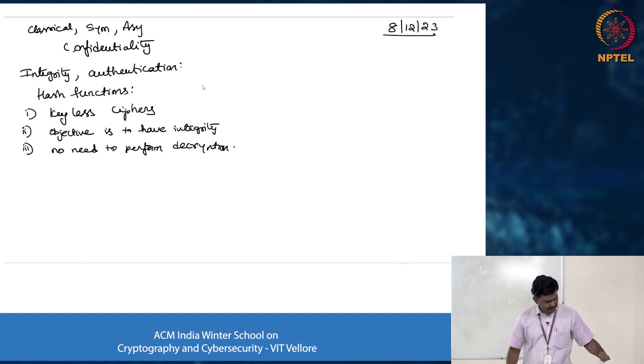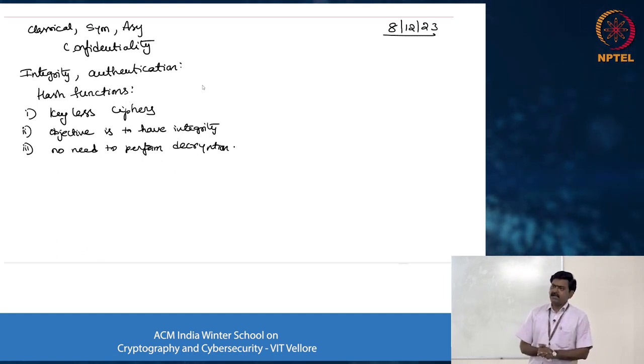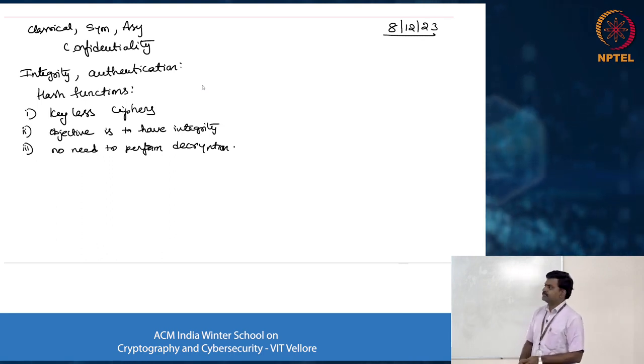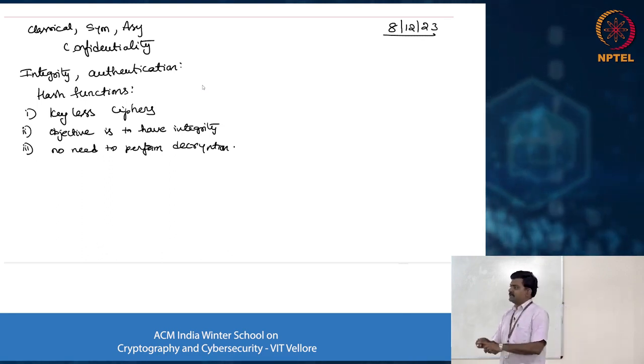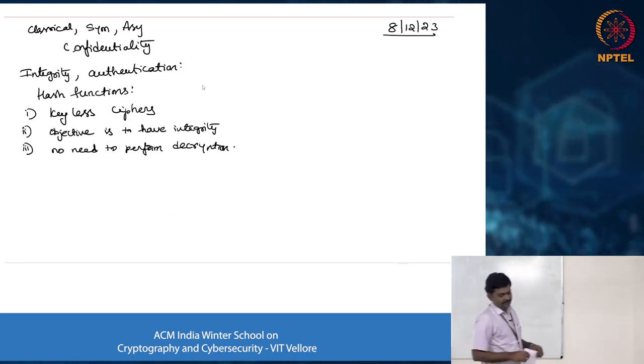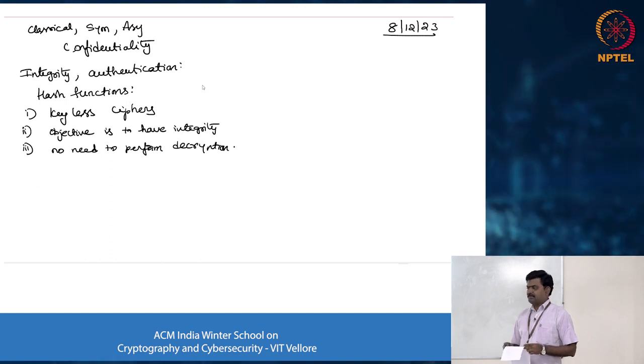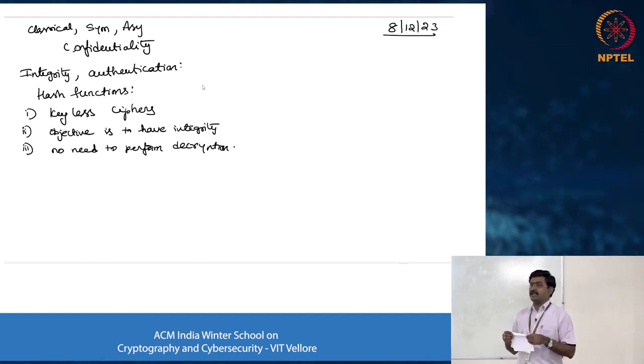See, typically in an encryption process, what do we do? Can I get a small piece of paper, Anbarasu? Okay, let us see this. During the encryption process, we systematically encrypt the message to create the ciphertext.